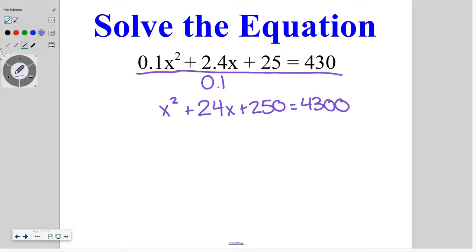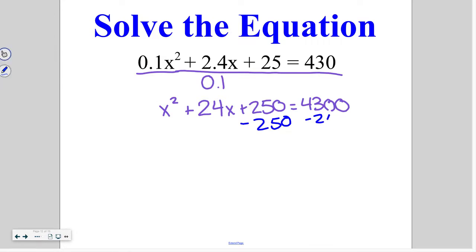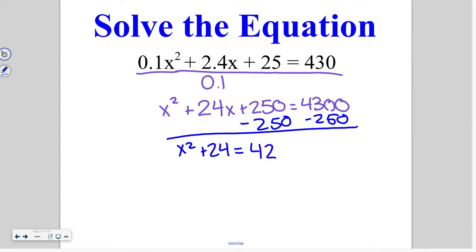Again, I'm going to take my next step of getting x's by themselves. So I'm going to subtract 250 from both sides, which is going to give me x squared plus 24x is equal to 4,050. Then I'm going to go ahead and complete the square.